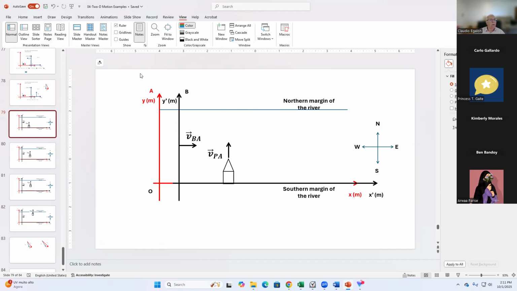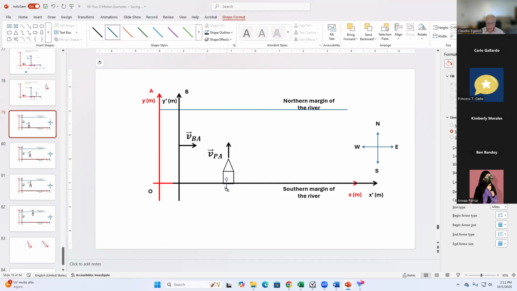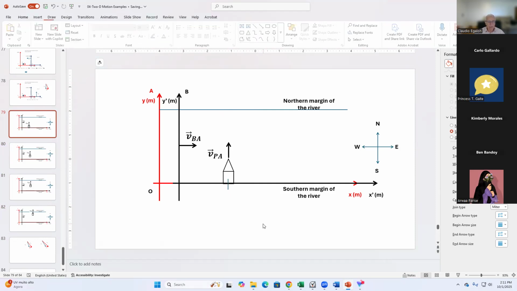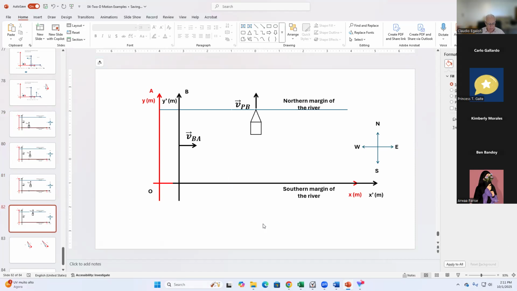I'm going to put a point of reference here as well. We start writing here. Next. So what was the displacement vector of this boat?